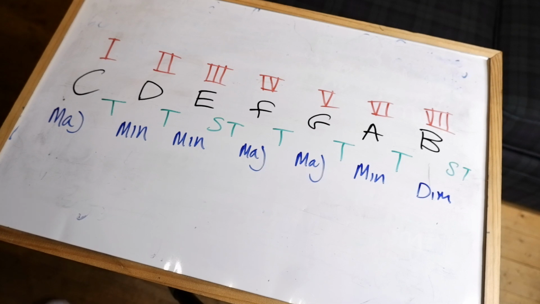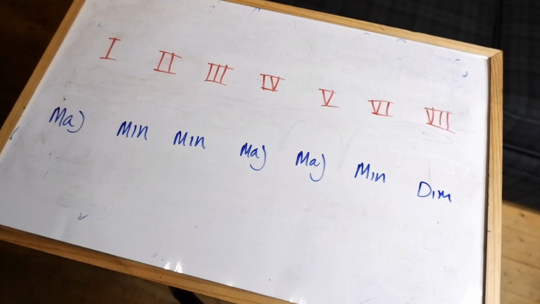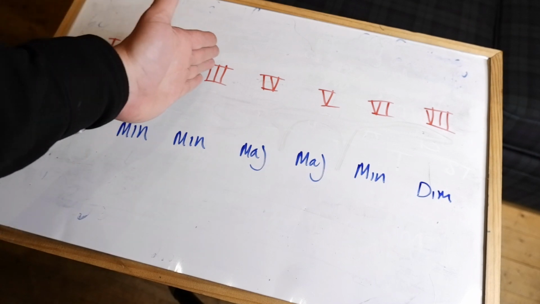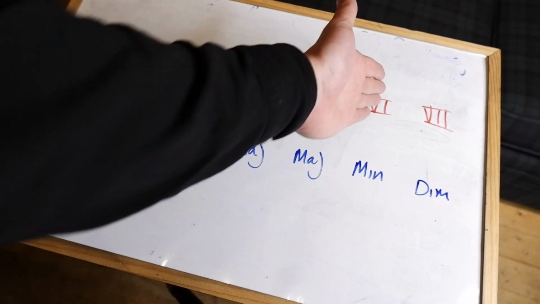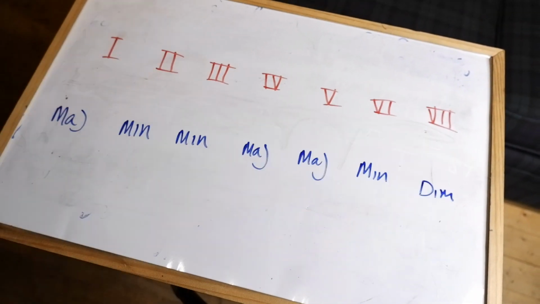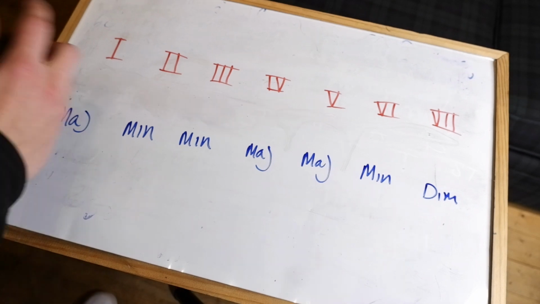Now, if I take away all the notes in the middle, we are left with the Nashville number system. 1 major, 2 minor, 3 minor, 4 major, 5 major, 6 minor, 7 diminished. This is exactly the same for any major scale. So if I just write another major scale down, let me write, for instance, G major.